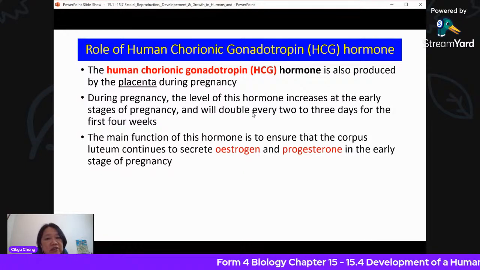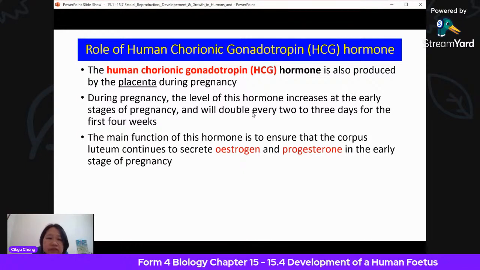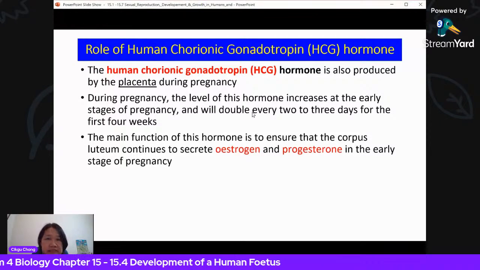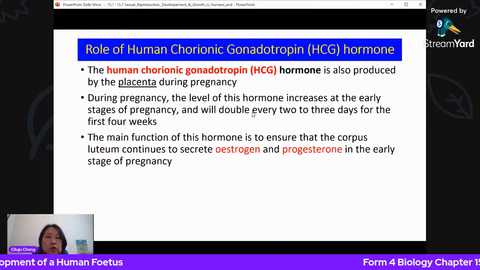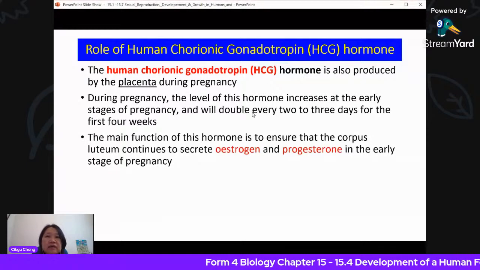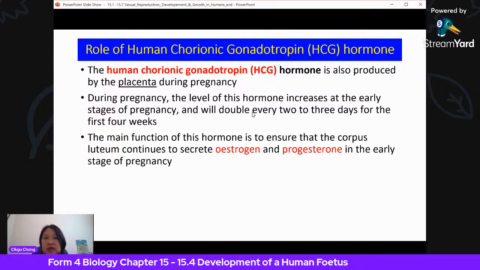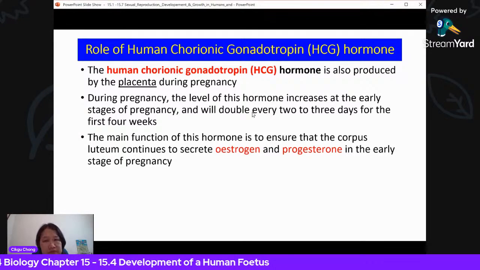If this fails to occur, that means if there's not enough progesterone, there is a high risk of miscarriage because the blood vessels in the endometrium lining will tend to break down. When they break down, the woman will experience discharge of blood. That will be the early sign of a miscarriage.